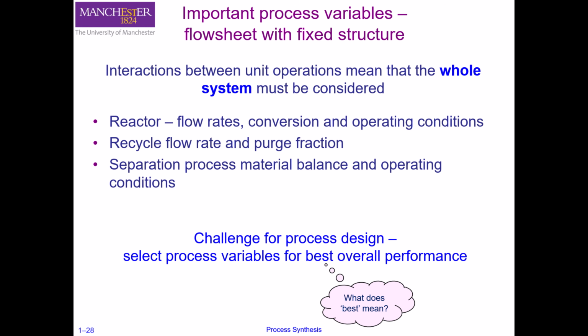And finally, see the optimization of the whole process, because the optimization of one individual unit is going to affect the optimized parameters of the next unit or the unit before that. Okay, so you have to look at the optimized whole process. So these are the three factors that we need to consider when we are talking about process synthesis.